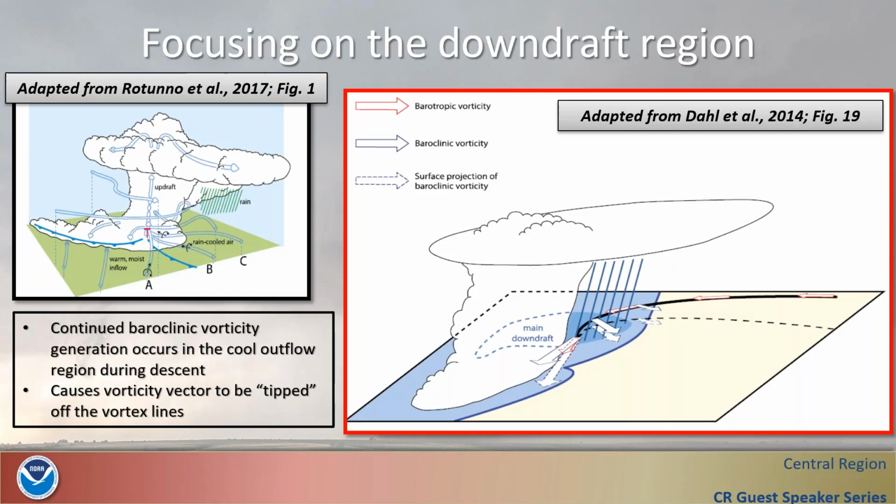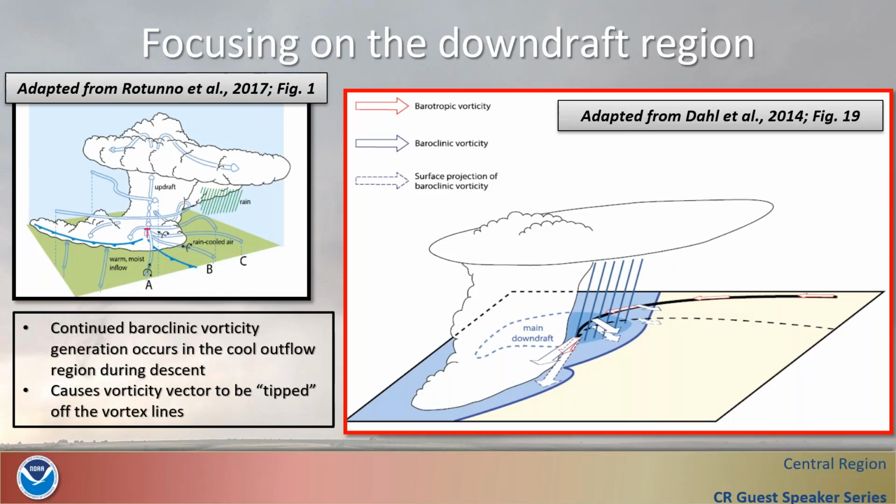What research has found when doing the high-res simulations is that this vorticity vector gets tipped off the vortex lines, and that occurs as a result of the vorticity generation that's happening, which is initially all crosswise, or mostly crosswise, as it begins its descent behind the backside of the low-level mesocyclone.